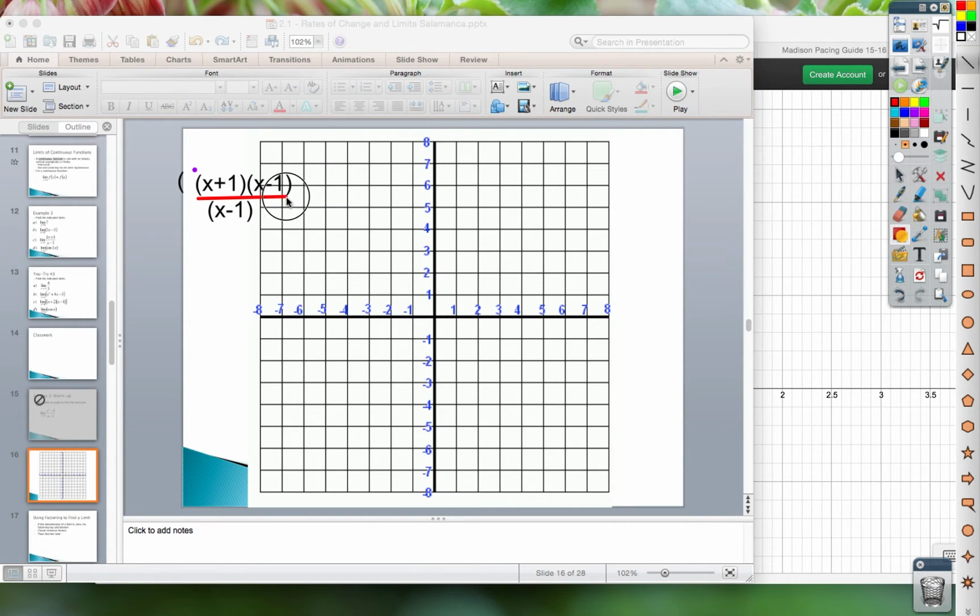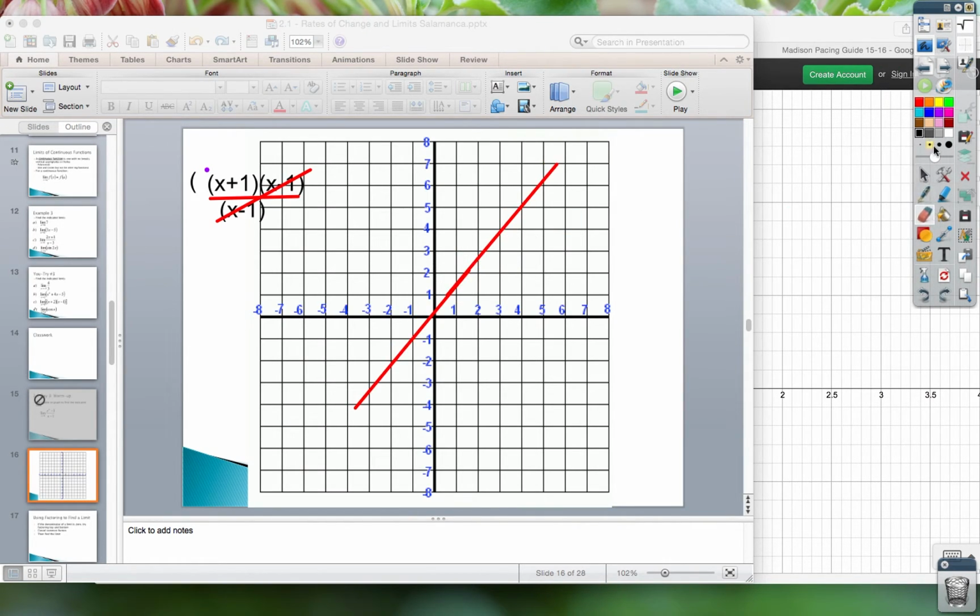Now what this looks like, especially once we cancel this out, you're left with that function x plus 1. Now, x plus 1 is a diagonal line that looks like the following. Now you'll notice because we canceled out that x minus 1, that's going to give us a hole.